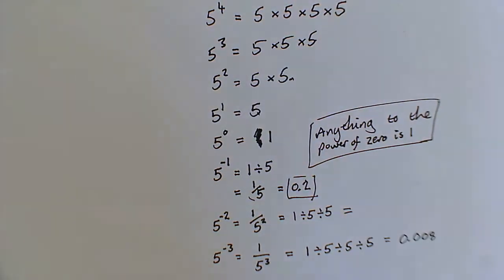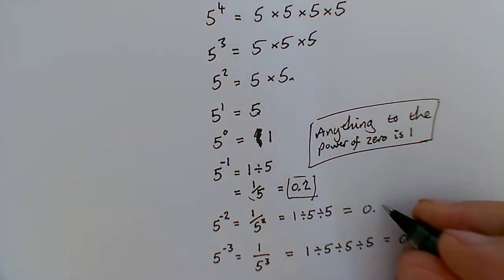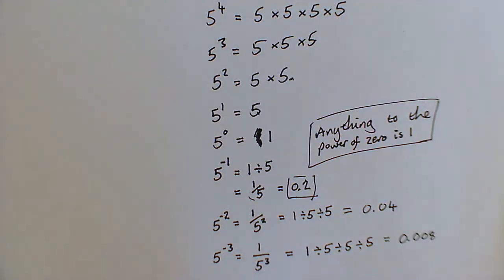This one up here, divided by 5 twice, and we get 0.04. Okay, so we can actually convert, and I'm going to show you those as questions. So this is getting you the idea of what's going on.